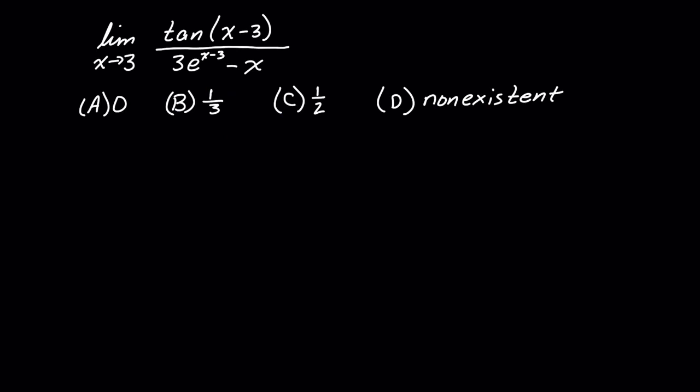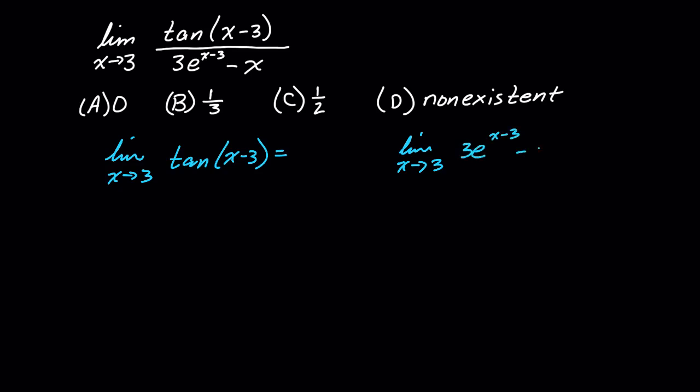All right, so the next one we have the limit as x approaches 3 of the tangent of x minus 3, and then we have the limit as x approaches 3 of 3e raised to the x minus 3 minus x.